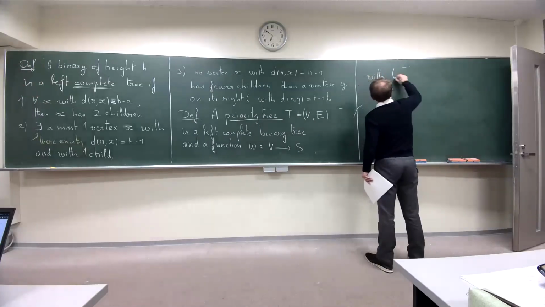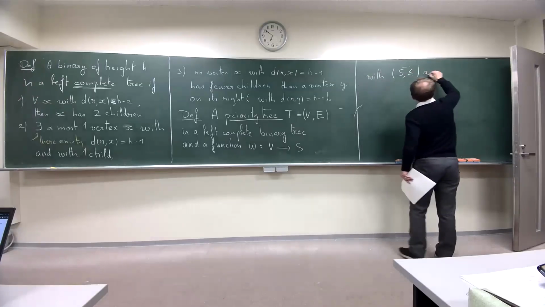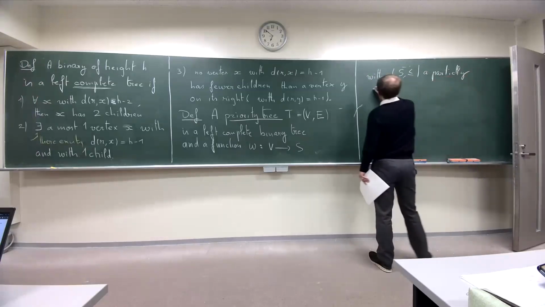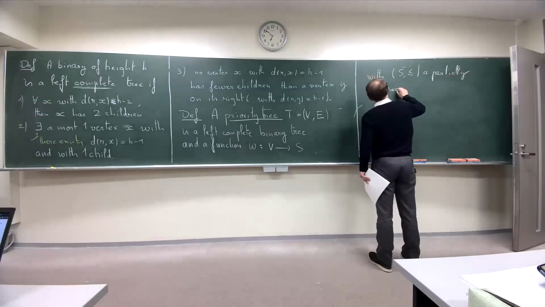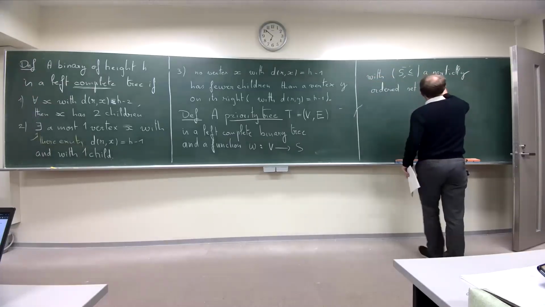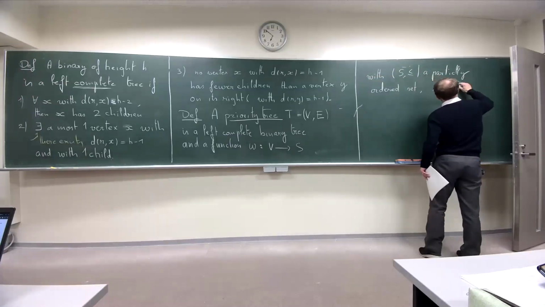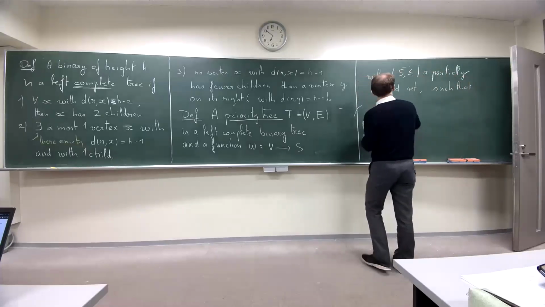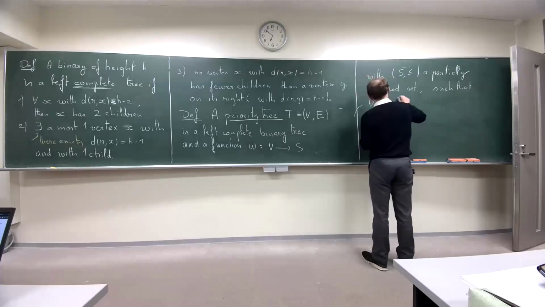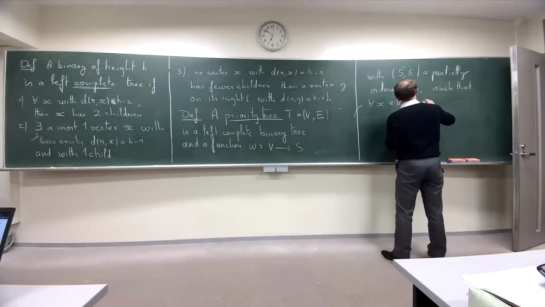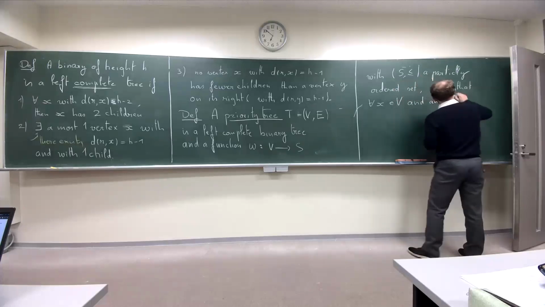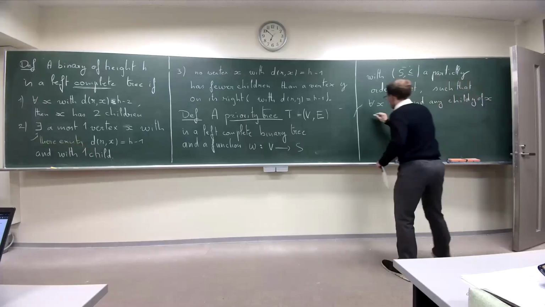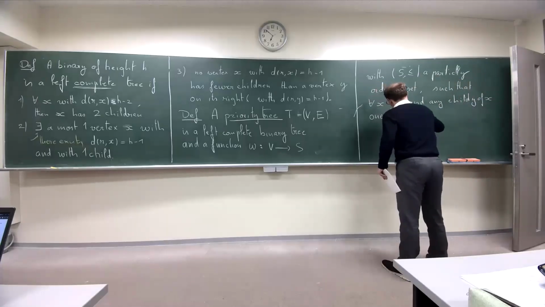S is a partially ordered set, such that now there is a condition: for any x in V and any child y of x, one has omega of y smaller than omega of x.